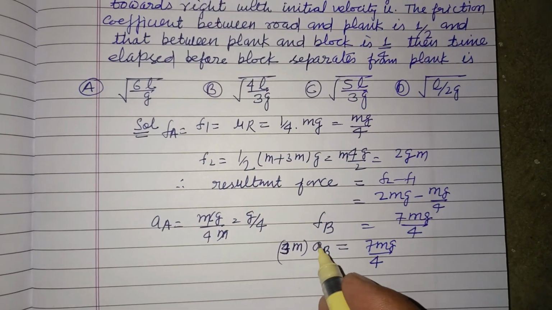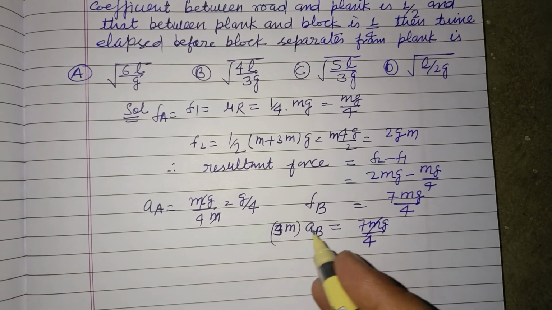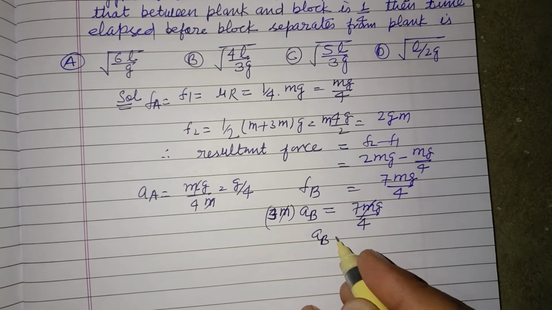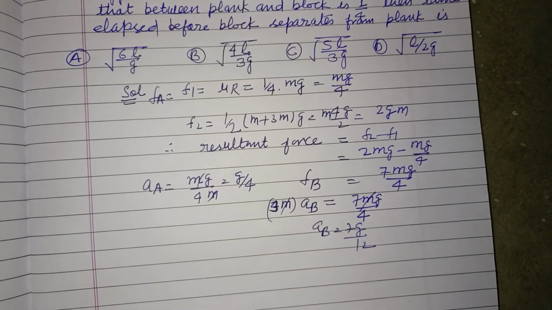So the resultant force on B is 7mg/4, divided by 3m, m cancels. aB equals 7g/4 times 1/3, that is 7g/12.